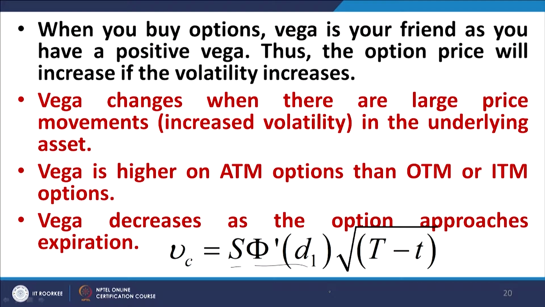However, in the case of at the money options, a small change in volatility can result in a significant change in their moneyness, as a result of which Vega for at the money options is larger.